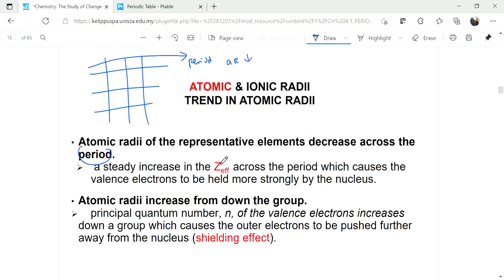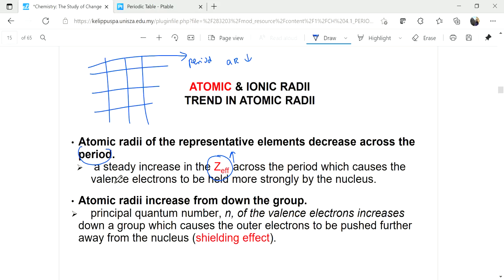Because the Zeff value is increased. What is the Zeff value? Zeff is the effective nuclear charge. So across the period, the atomic radius decreases because the Zeff is increased.